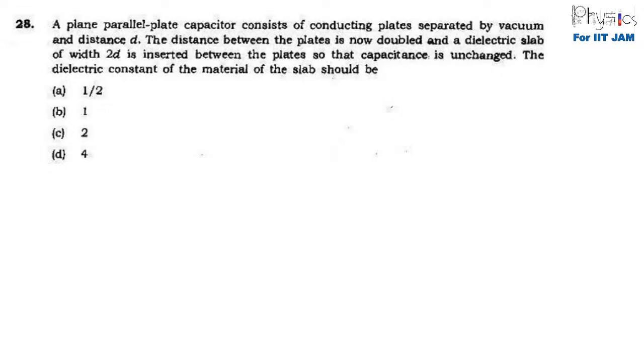The dielectric constant of the material of the slab should be option A half, option B 1, option C 2, option D 4. Okay, so tell me which is the correct option here.